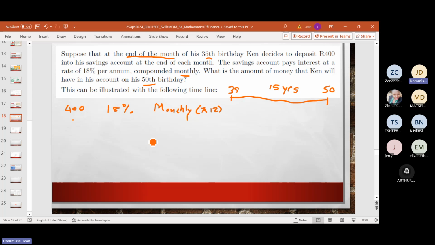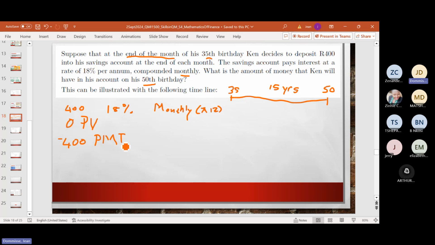So when we use the calculator, there's a few things. We don't have a present value, so we start off with a 0 present value. We are doing monthly payments of 400 Rand.